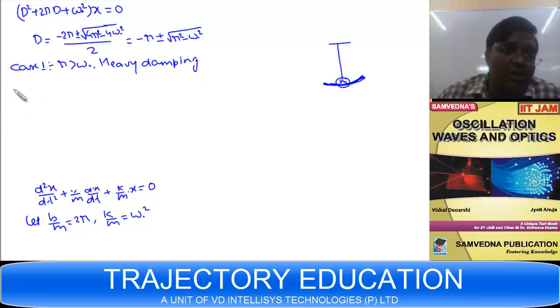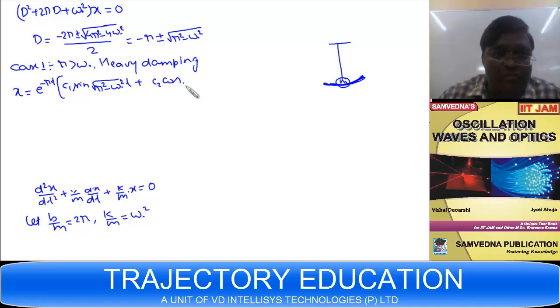Here your x will be e to the power minus rt. Sorry, this is wrong. I'm very sorry.